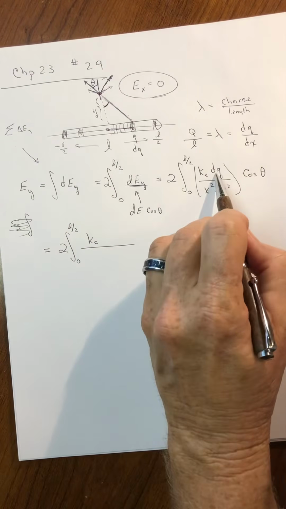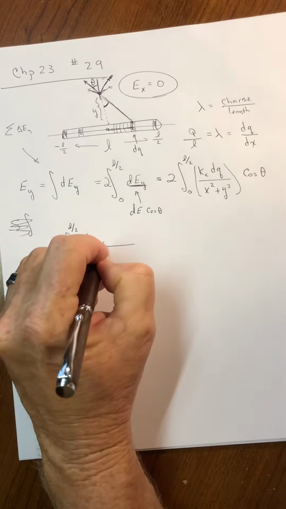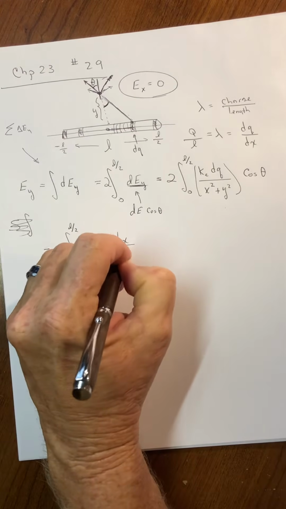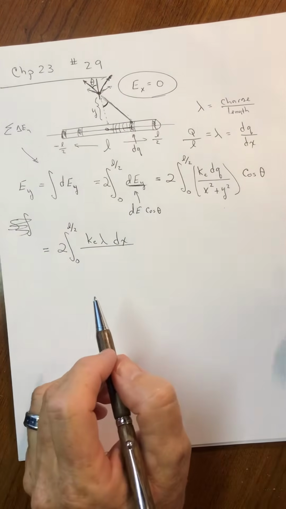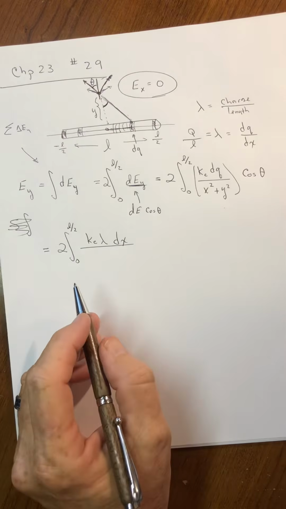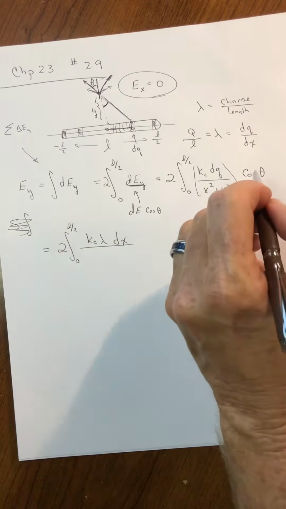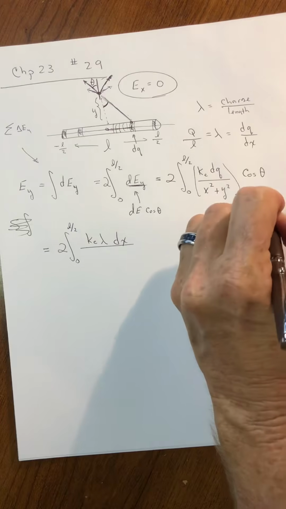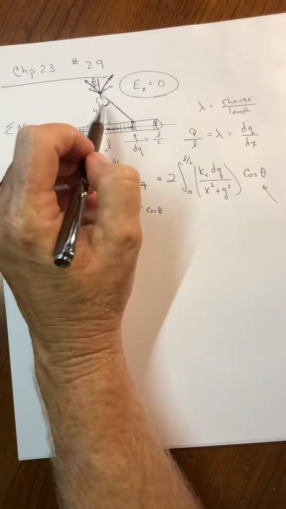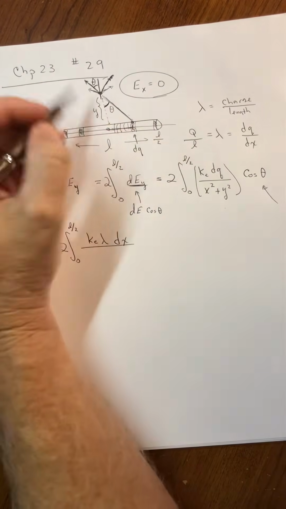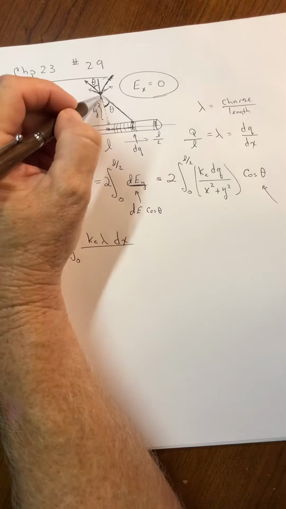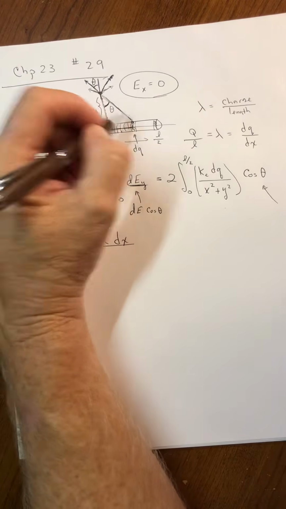Now right here, let me jump back to here. This would be lambda dx as I move that over. And as I look a little closer at cosine, and look at this here, cosine would be this adjacent over this hypotenuse.